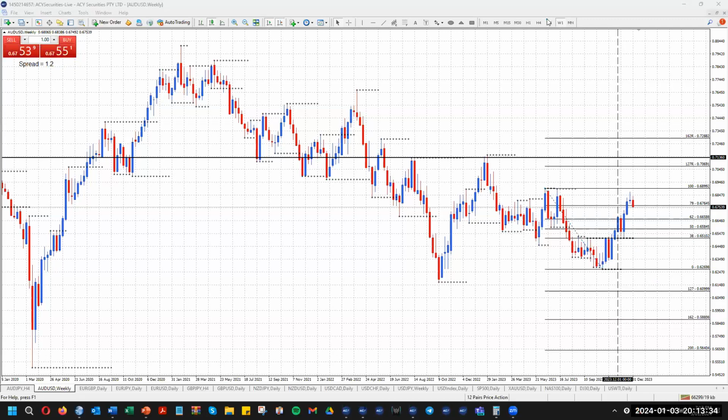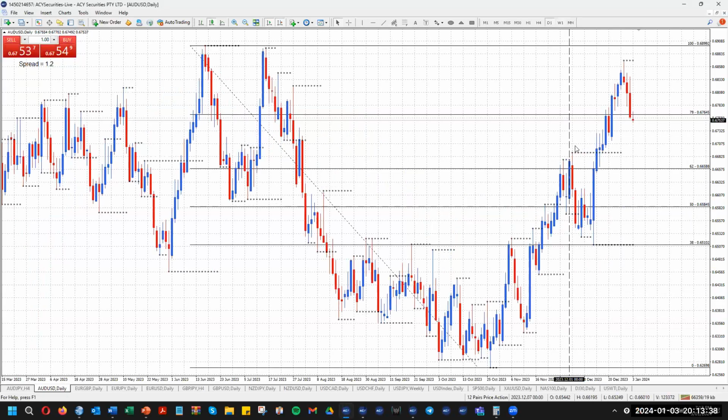So on the day chart, this is that area here. So this is the first day of the new month, and then we go up and do a reversal candle. So on the second day of the month, we get this reversal here. And we'd already held there two or three trading days.